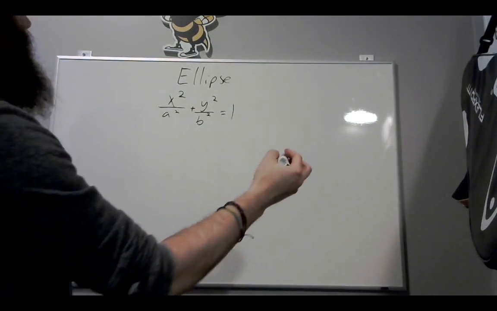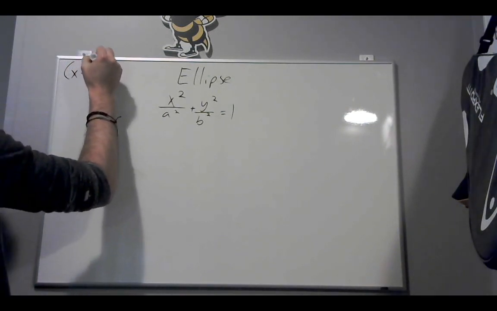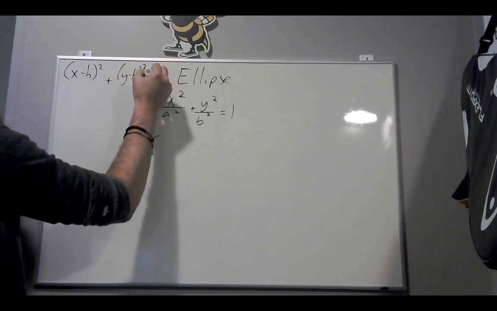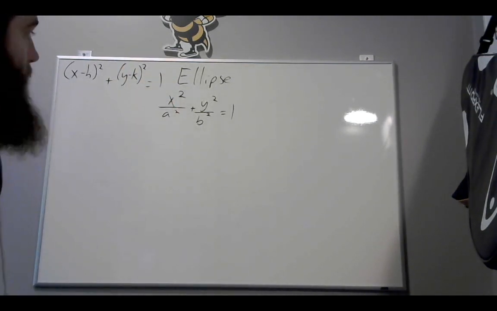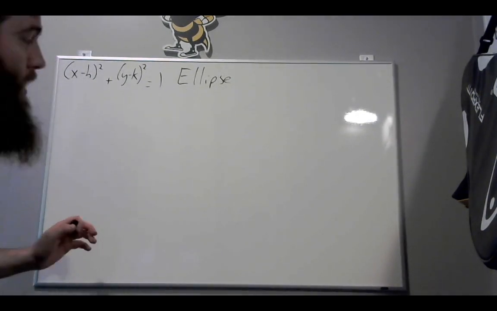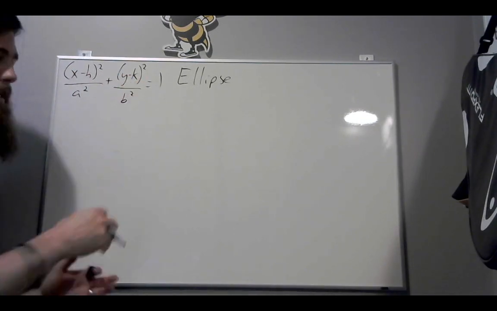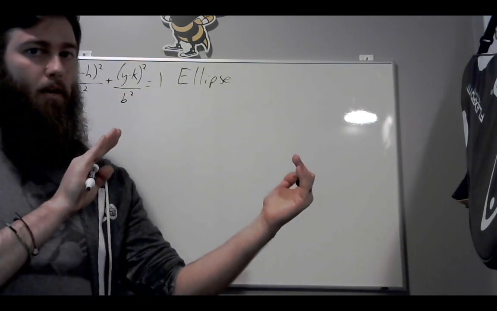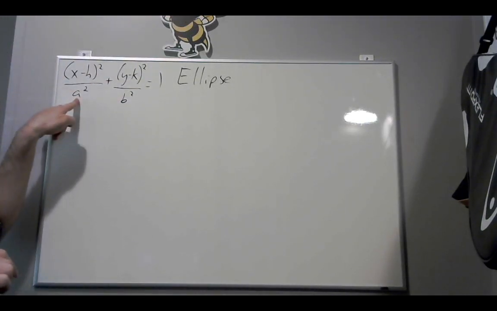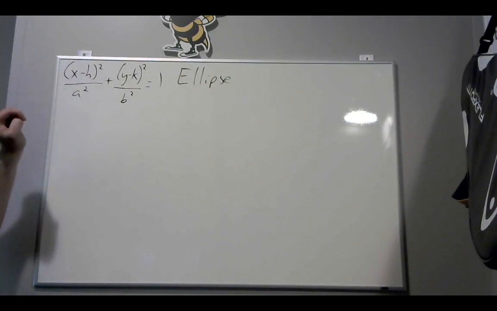So again, this is where I'm looking at either the x minus h squared plus y minus k squared equals 1. Whichever one A is under is going to determine if this is a wider ellipse or a taller ellipse. In this example, since A was here, this would have been a wider one because it's under the x.